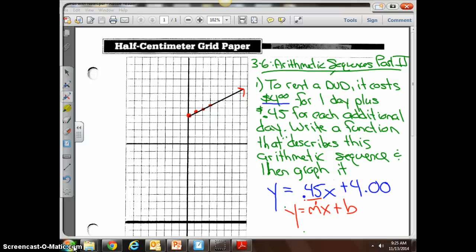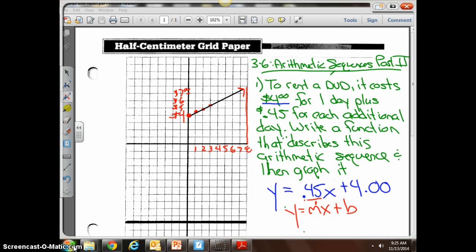We know no matter what, when we rent it, it's going to cost us $4, and we know that for each extra day, so this would be day 1, this would be day 2, day 3, day 4, day 5, day 6, 7, 8, and so on. The computer can figure out how much money is owed to them. This being our starting point of $4, this being $5, this being $6, this being $7, and so on and so forth.